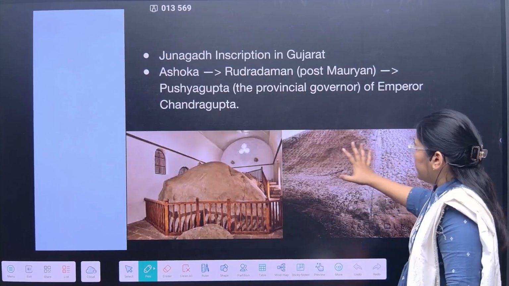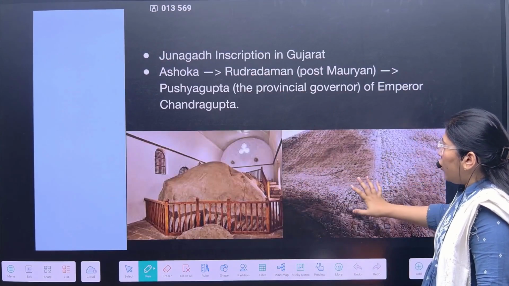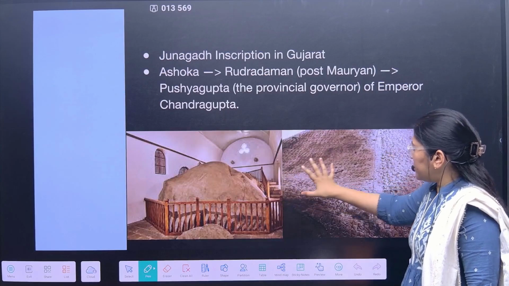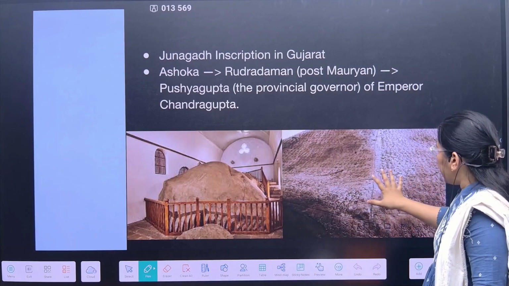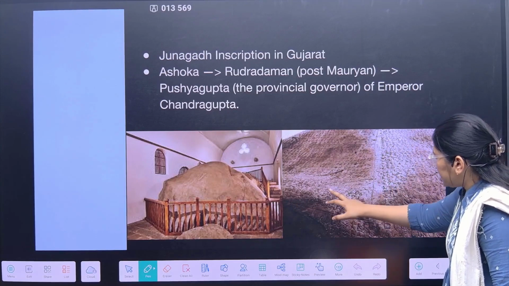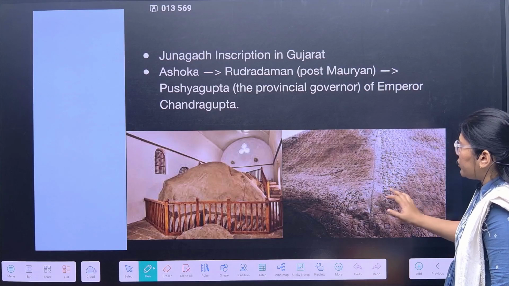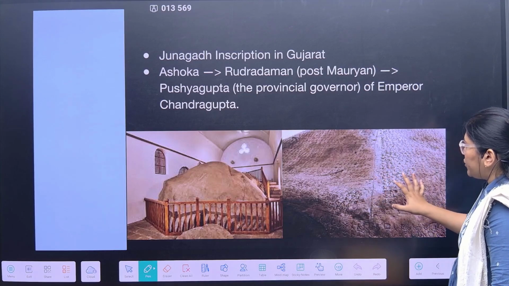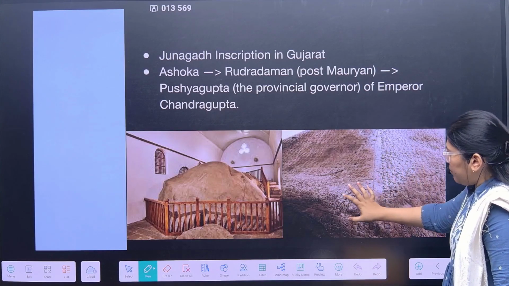Now see, this is the evidence of the Junagadh inscription, which is situated in Gujarat. Now if you see the wall of this inscription, there are some letters drawn. These letters are particularly in the Pali language.